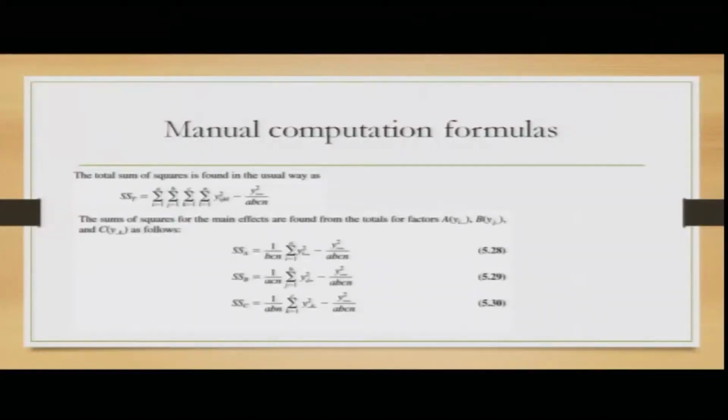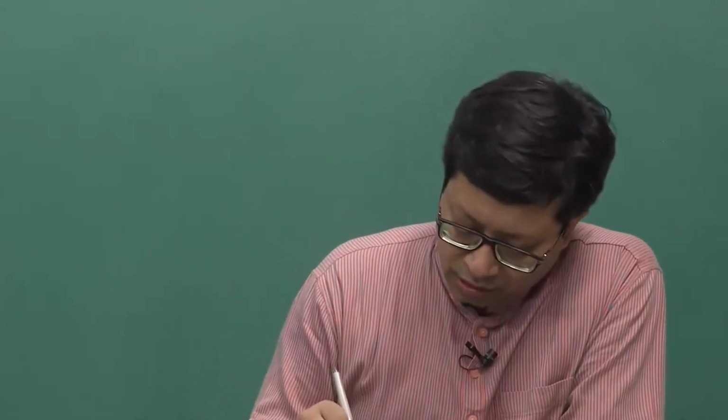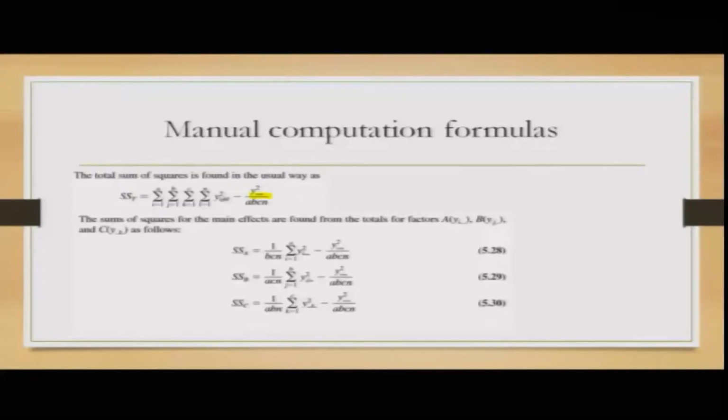The sum of the squares is found out like this. Here I will try to highlight and use the highlighter. You are summing up over all the four indices i, j, k, l. If you note, there are 4 dots, and the summations are i equal to 1 to small a, j equal to 1 to small b, which is for factor b.